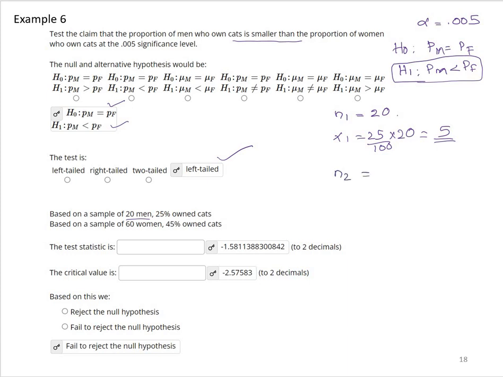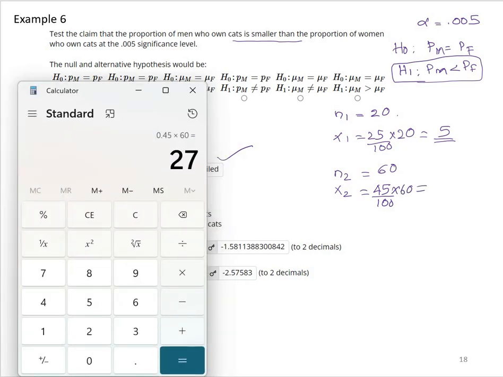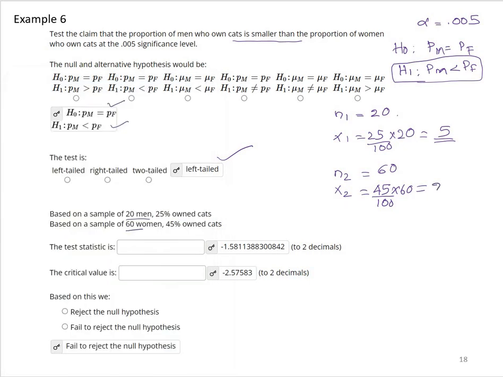Similarly, N2 is equal to 60 and X2 is 45% of 60, which is 0.45 times 60 equals 27.